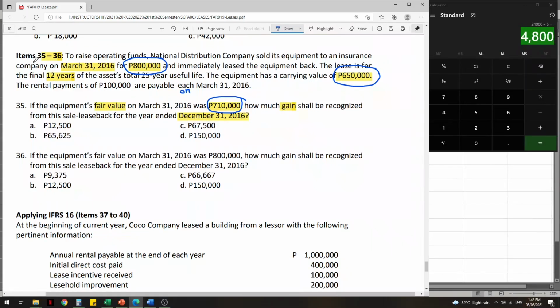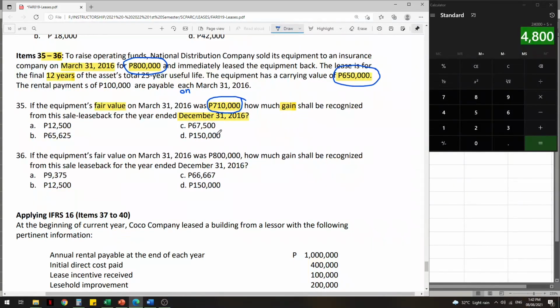And an obvious way of concluding that it is not a finance lease is if it's impossible to compute present values or if the present values are not given. This is one example of that, which is why I conclude this to be an operating lease.